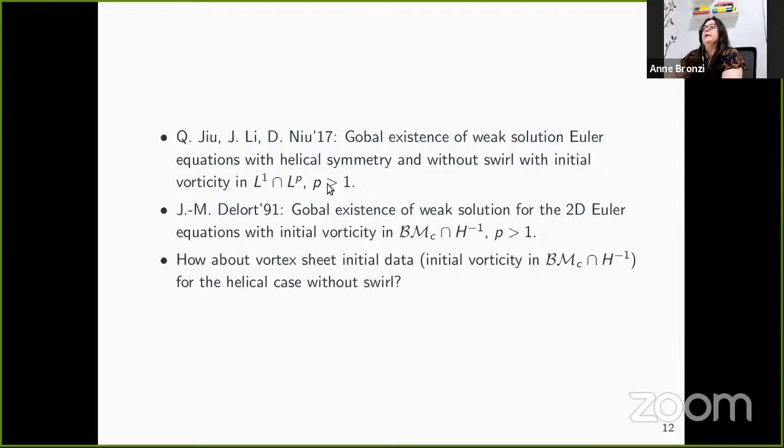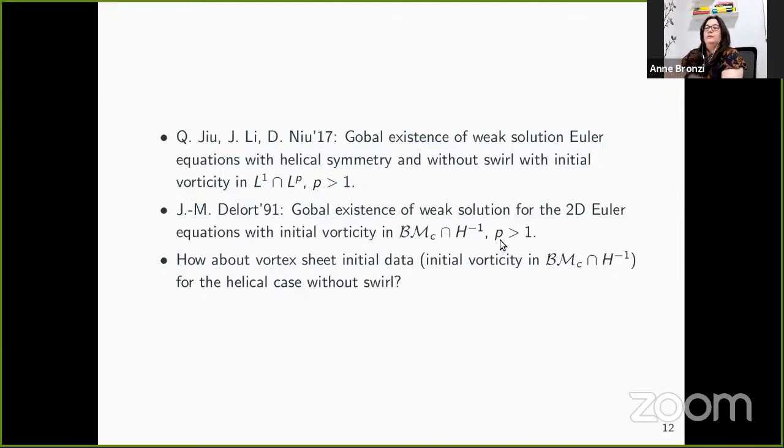Okay, if we see what happens in 2D, we have this work by Delort in 1991, where he proved the global existence of weak solutions for the 2D Euler equation with initial vorticity a measure and in H minus 1. I don't know, there is no p here. Sorry, there is no p.